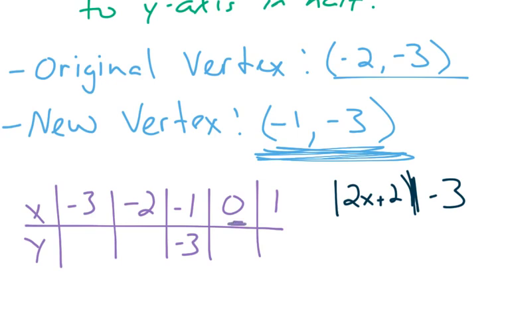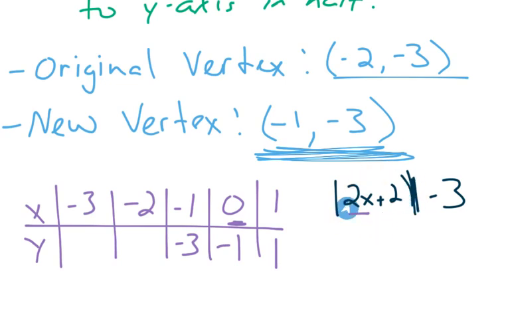If we plug in 0, 2 times 0 is 0, plus 2 is 2. The absolute value of that is 2, minus 3 is -1. Do the same thing with 1. 2 times 1 is 2, plus 2 more gives me 4. The absolute value of 4 is 4, and then 4 minus 3 is 1. Do the same thing with -2. 2 times -2 is -4. -4 plus 2 is -2.